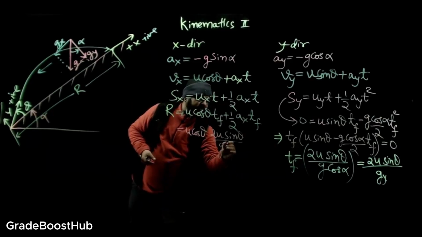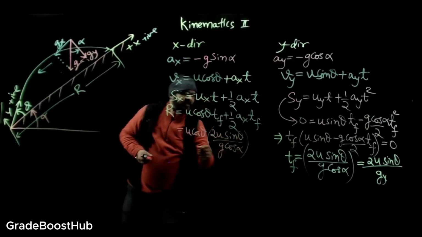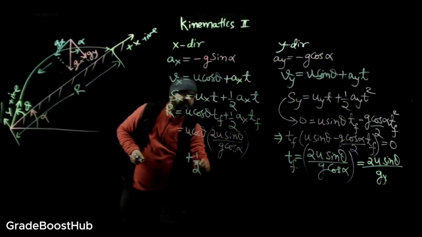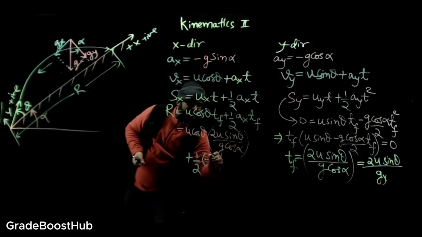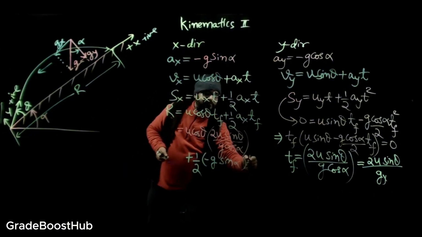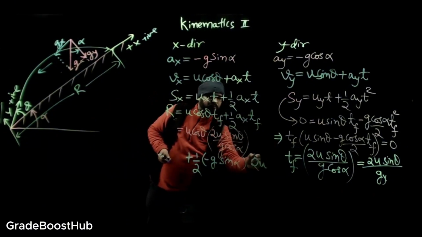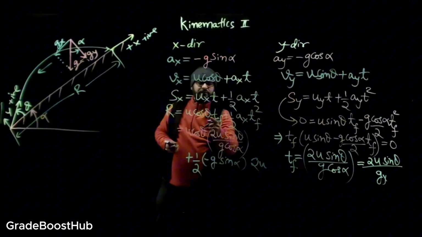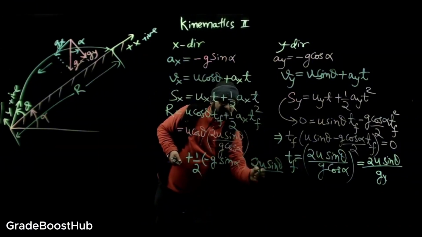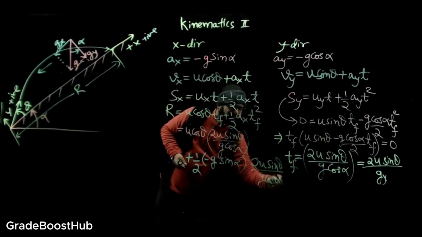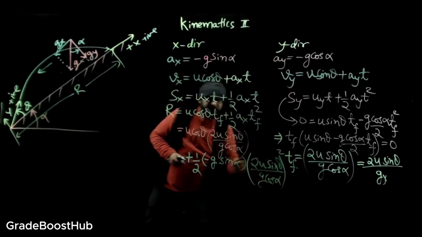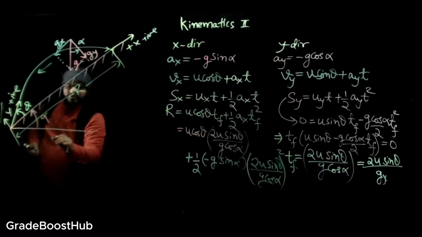It will be a very systematic and good looking expression, plus half, now ax is again minus g sine alpha, into time of flight squared, from ut plus half at square, 2u sine theta by g cos alpha to the power 2. Do you agree with this?